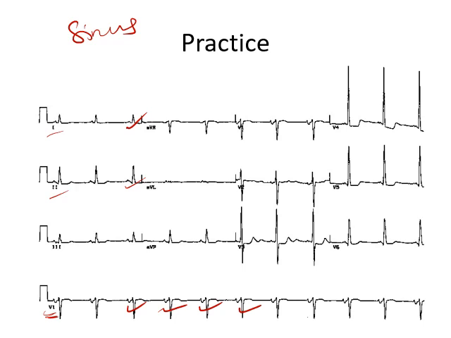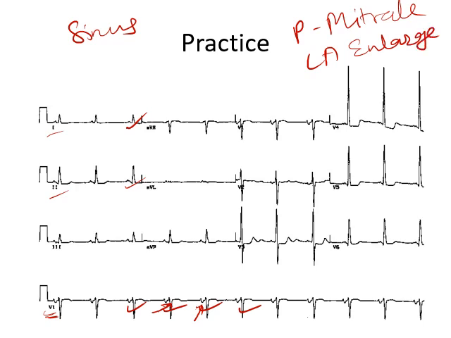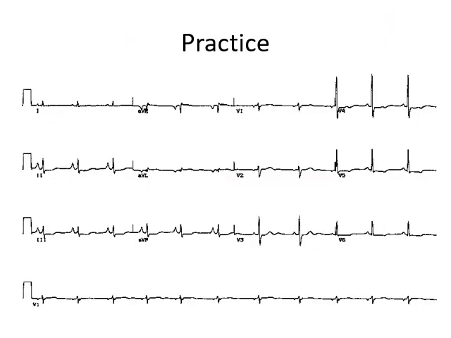As you might have noticed, you can see a large negative deflection in place of the P waves right here. So can you guys remind me of a condition in which we see a large negative deflection in the P wave in lead V1? Yes, you guys are correct. It's P mitral. So this ECG is showing LA enlargement. 1 second.